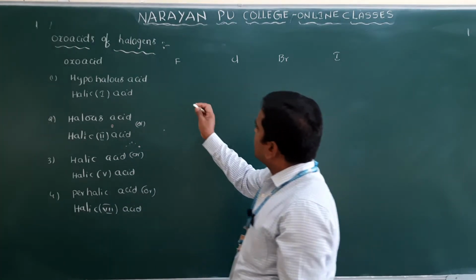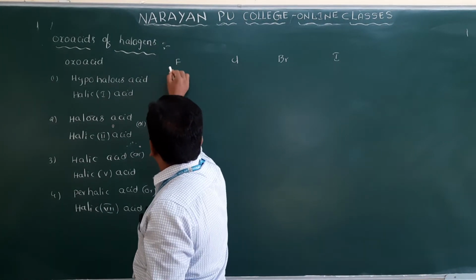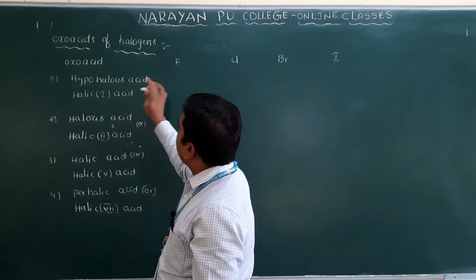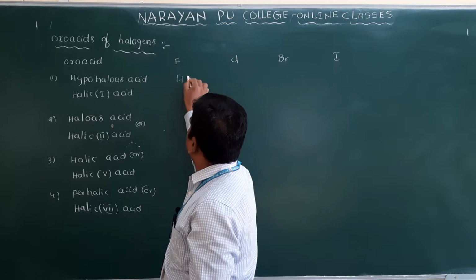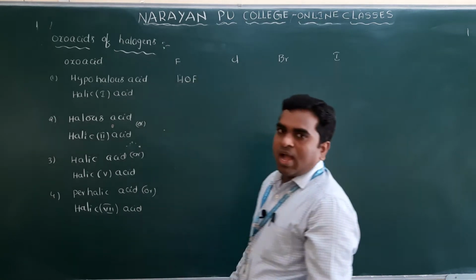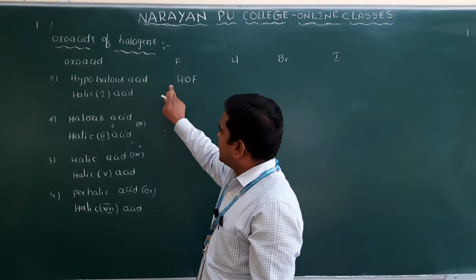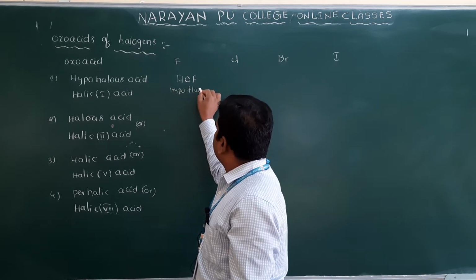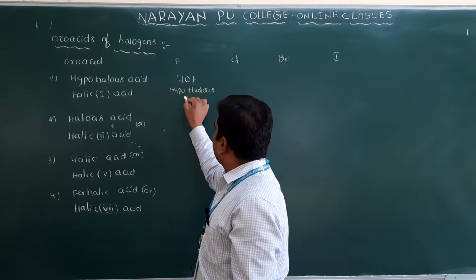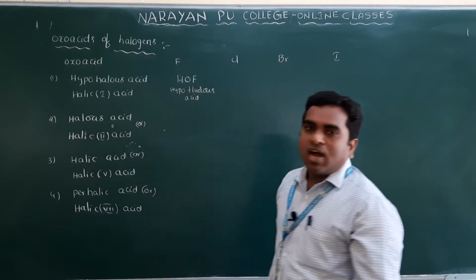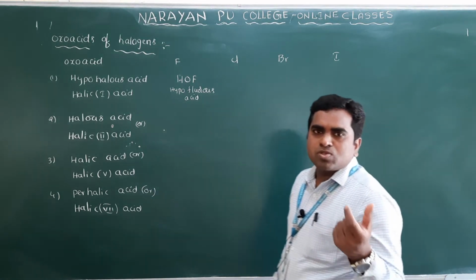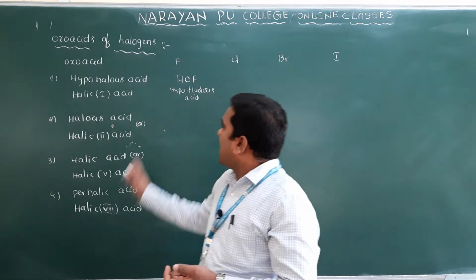Clear? So in this table, these are the acids. The first one, fluorine. Fluorine forms only hypohalous acid, that is HOF. Only one acid, because fluorine is highly electronegative and small in size, it forms only one oxoacid, and that is hypofluorous acid.